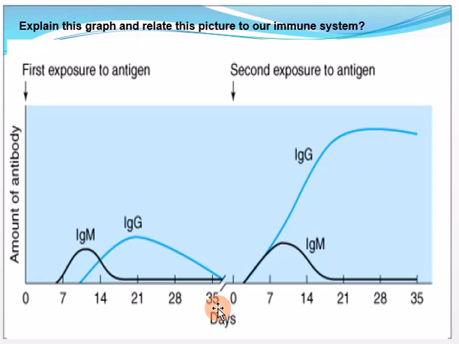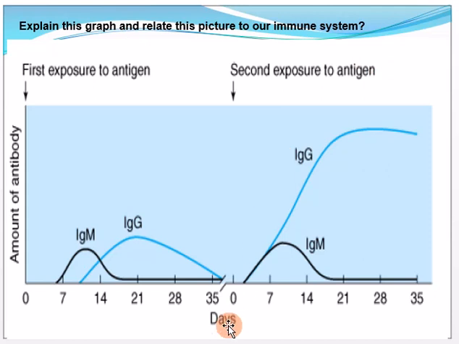Now, if this IgG is produced and the person recovers from the infection, and there is infection by the same pathogen in the future, that is called second exposure to the antigen.